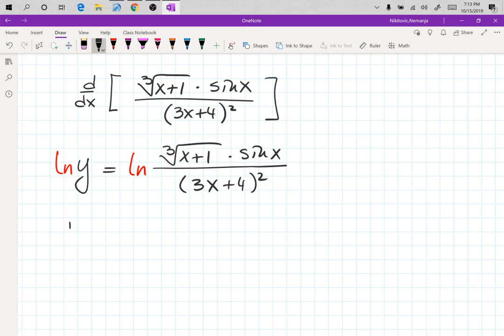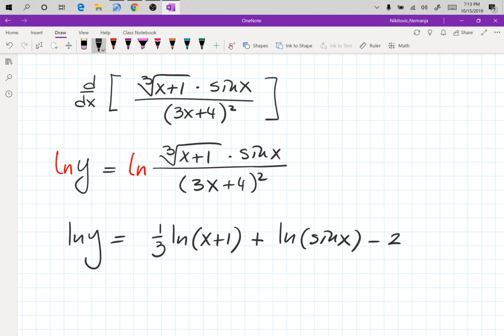So we go ln y is equal to 1/3 ln of x plus 1 plus ln of sine x minus 2 ln of 3x plus 4. I used those formulas to come up with this expansion of logs. ln of xy is ln of x plus ln of y.